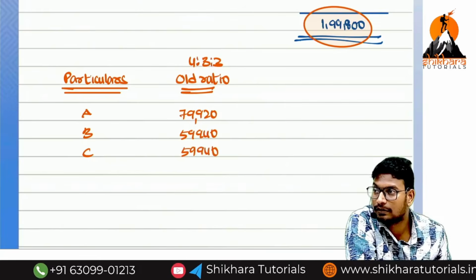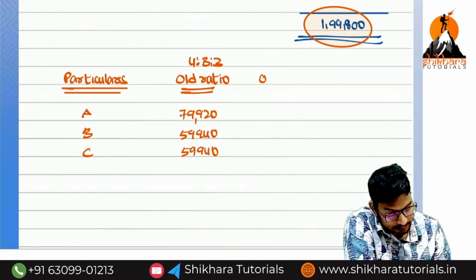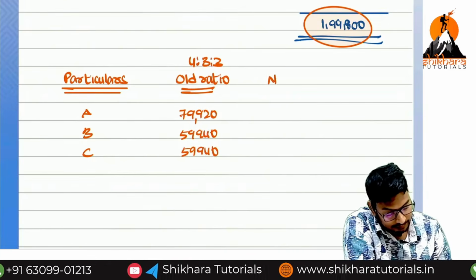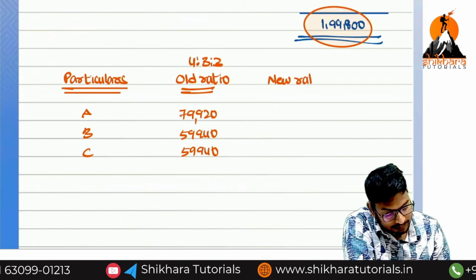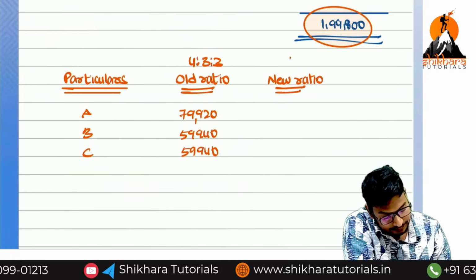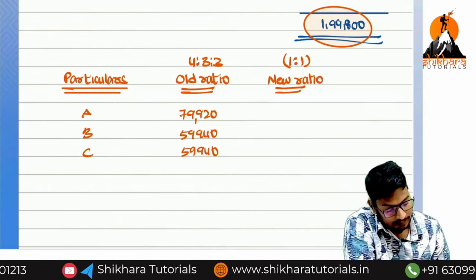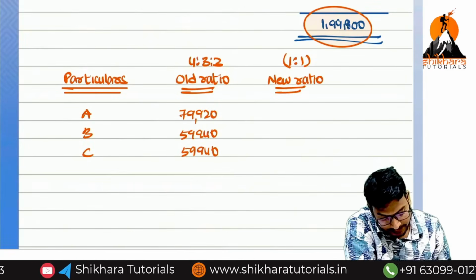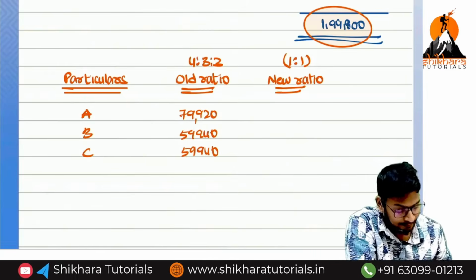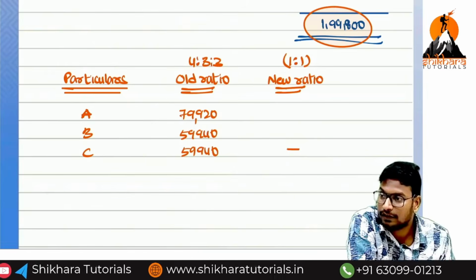What happened? Next, what is the new ratio? 1 is to 1. 1 is to 1 will be given to whom? Only A and B. C will not get.